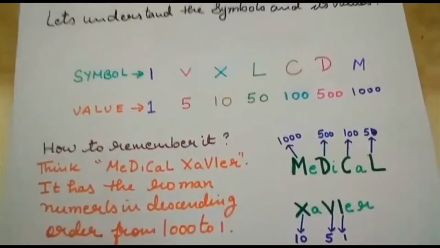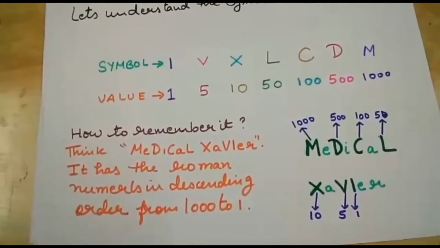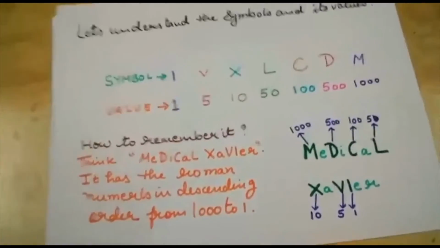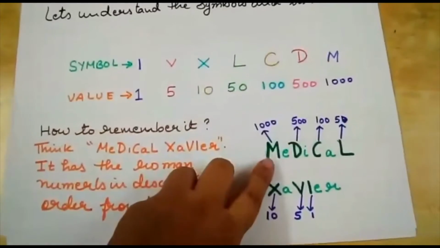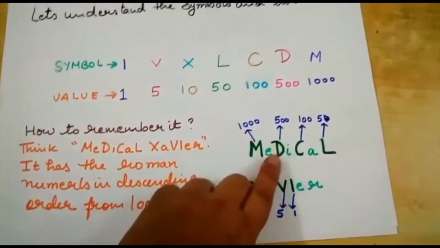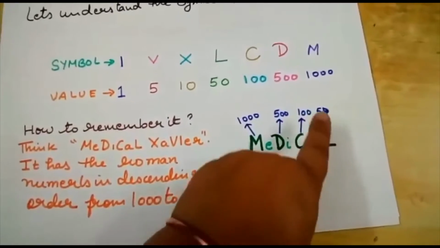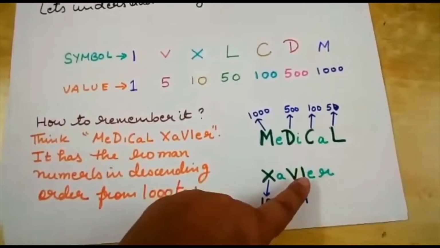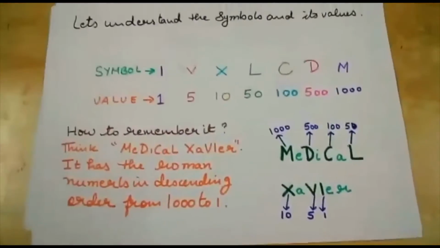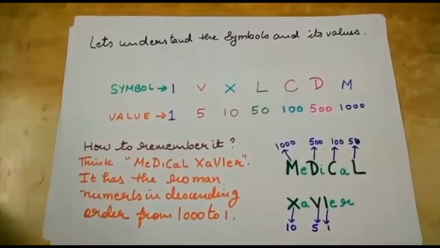But some of you must be thinking, how will we remember it? So we have a new secret word with us. What? Medical Xavier. How Medical Xavier? Just check. M for 1000, D 500, C 100, L 50, X 10, V 5, I 1. So you'll never forget. What is our secret word? Medical Xavier.